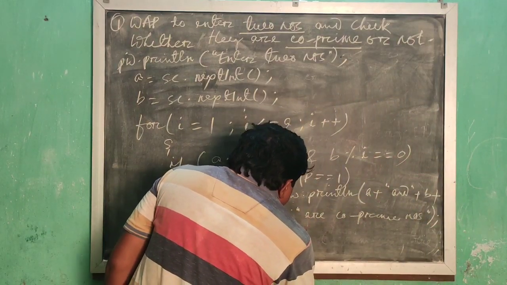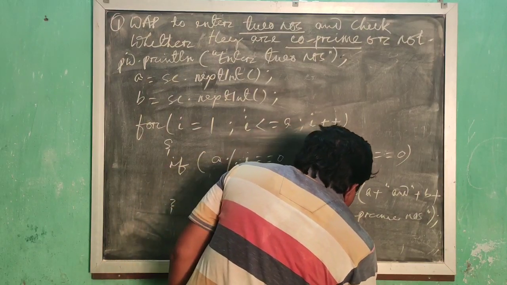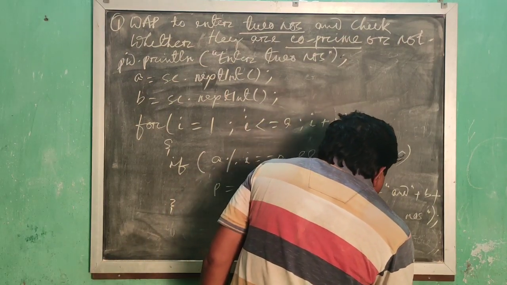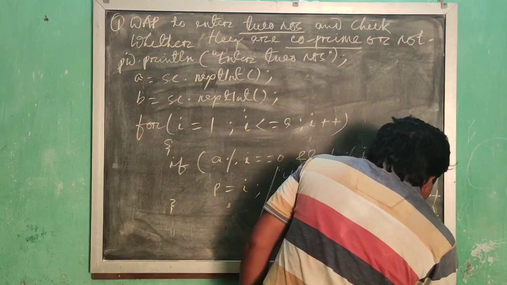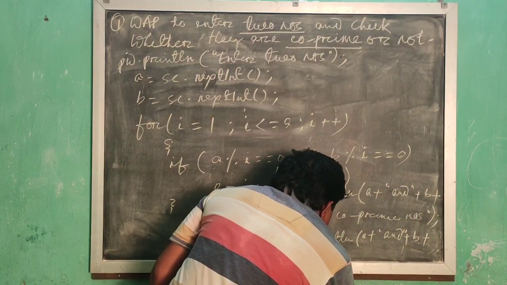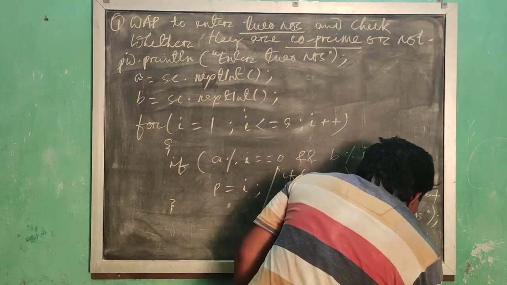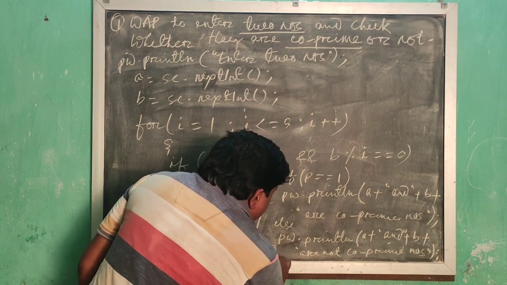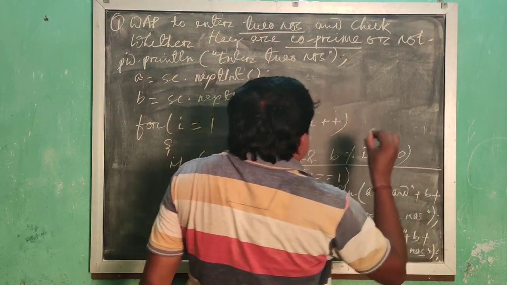Else pw dot println a plus " and " plus b plus " are not coprime numbers". Then close two parentheses. Okay.